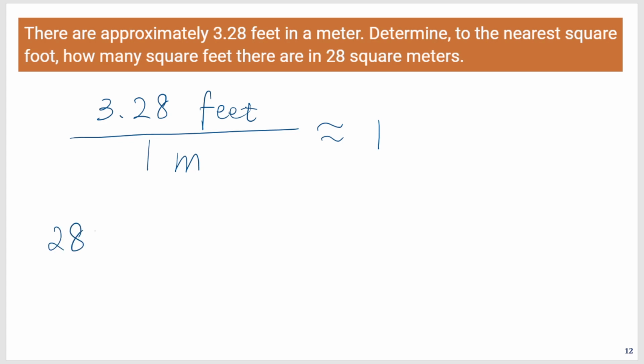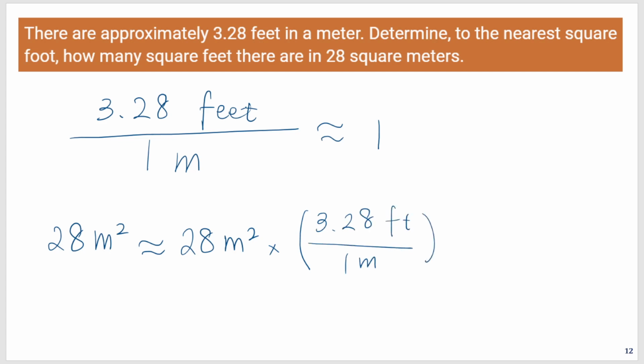So 28 square meters is approximately 28 square meters times 3.28 feet per 1 meter, squared, in order to cancel the square meters, right? So if you cancel square meters here, then that's approximately 301. So the unit becomes square feet, right?